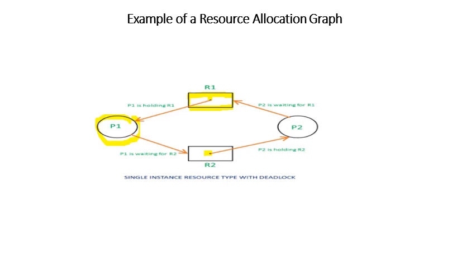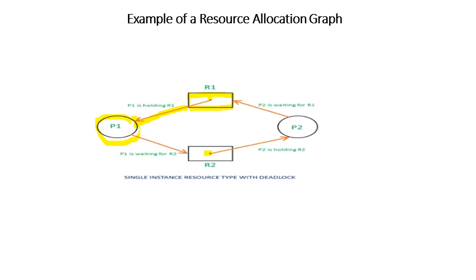This line indicates that the direction is towards the process, so we can say the resource is assigned to the process. And here the direction is towards the resource, so you can say the process is requesting the resource. By seeing this overall graph, what did you understand from this resource allocation graph? Whether there is a deadlock or not?